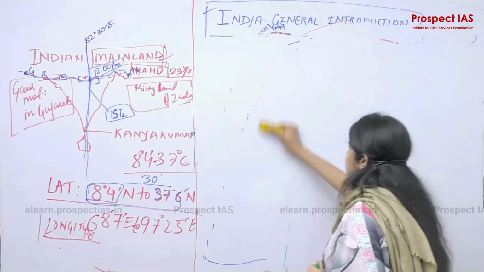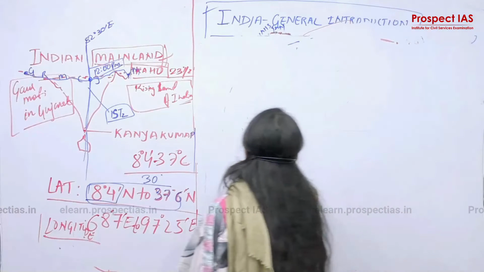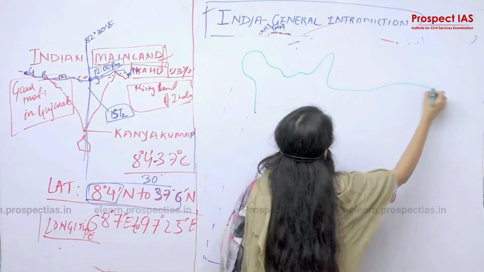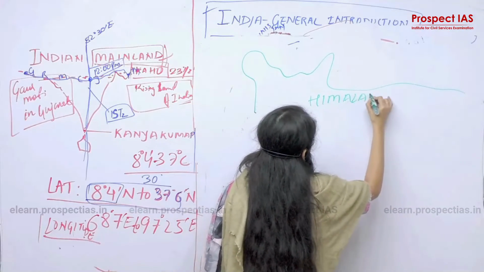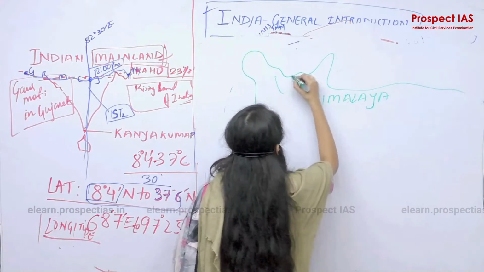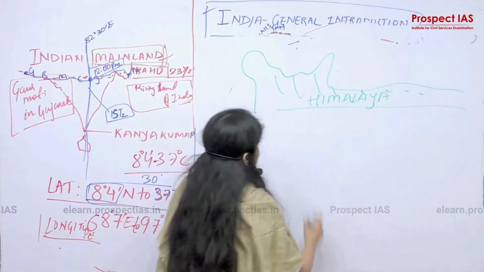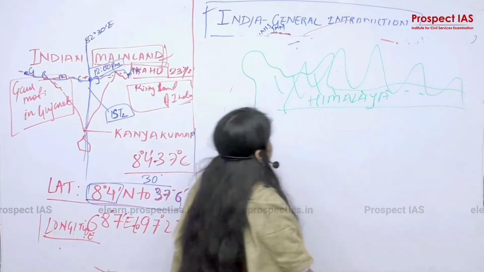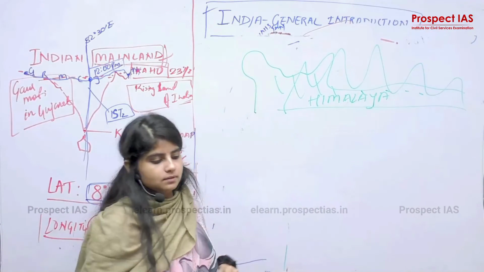So let's see some snips and short parts of India's physiography. India's physiography is first the Himalaya mountains. All right. The first physiographic or topographic division, the lofty mountains of Himalaya. All right. Lofty means curvy and conical.